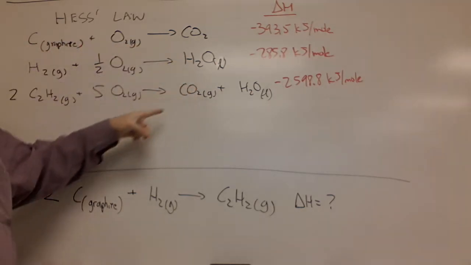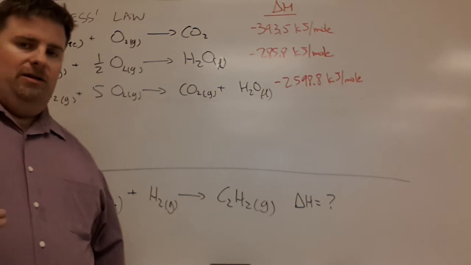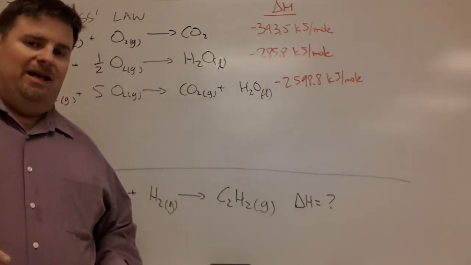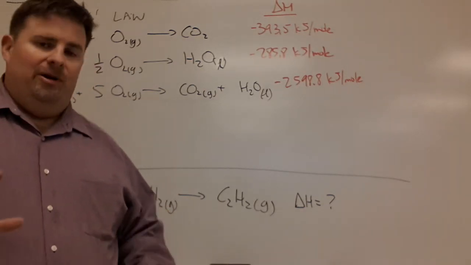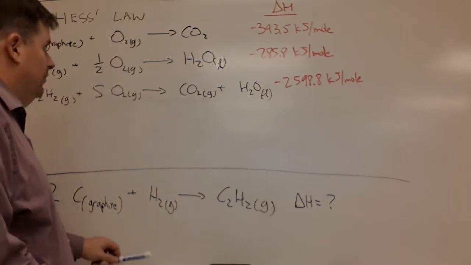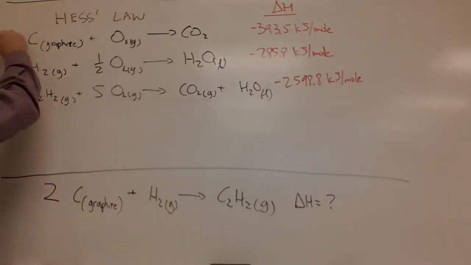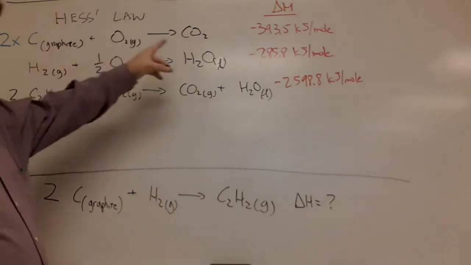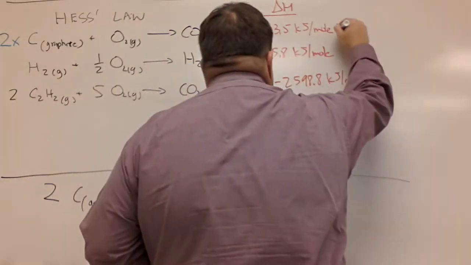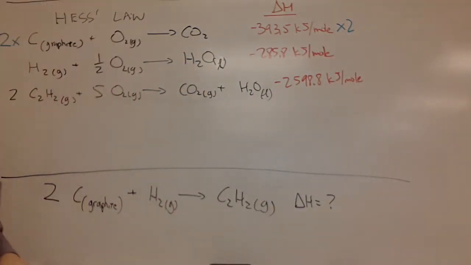Fortunately, I looked through my equations that I've chosen. Graphite's not there. Okay? Which means that there's only one solution here to this problem, and that's multiplying this guy by 2. So I have to multiply this one by 2, which means that my energy over here has to be multiplied by 2 as well in order to get the value that I need.